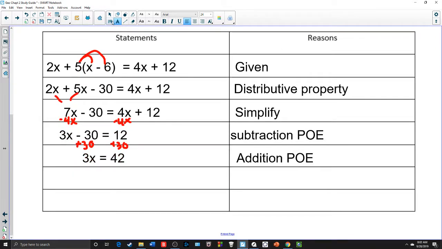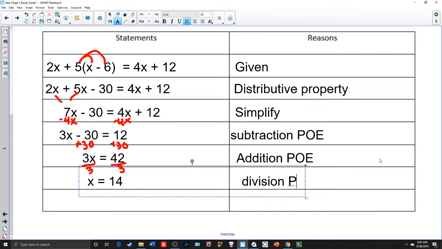And then lastly, hopefully you can see that we're going to divide by 3. And that's going to give us our ending result of x equaling, do some quick mental math here, 42 divided by 3 would give us 14. And that would be by division, POE.